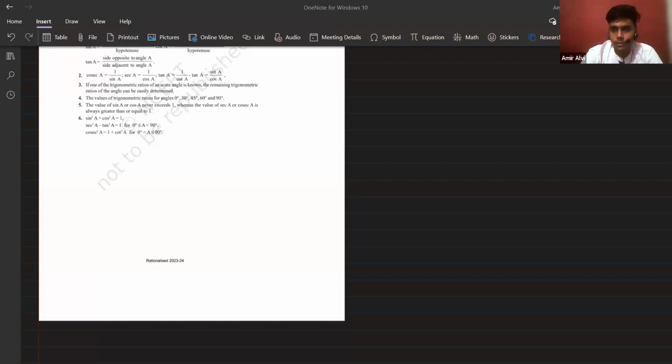Some issue is there. That's why the book is not getting downloaded, or the website. So let's take a snip of it and move forward. Let's take the snip of the example.